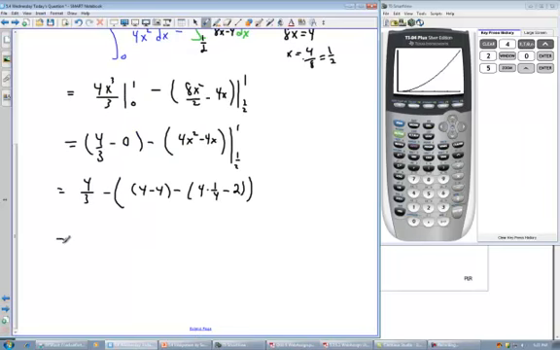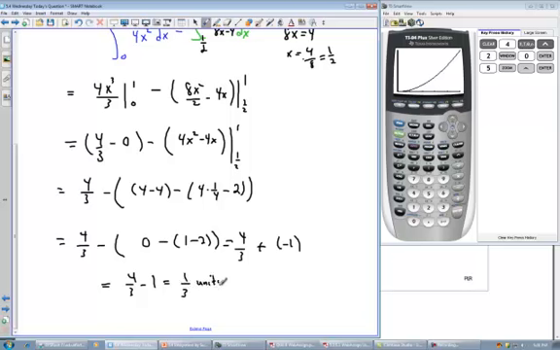So this is 4/3 minus, and I have a 0 here for 4 minus 4, minus, I have a 1 minus 2, which equals, again, 4/3 stays, and then minus, here that's just a 0, and a minus then becomes a plus, and this is a -1. All right, so this is equal to 4/3 minus 1, which equals 1/3, and this is units squared.